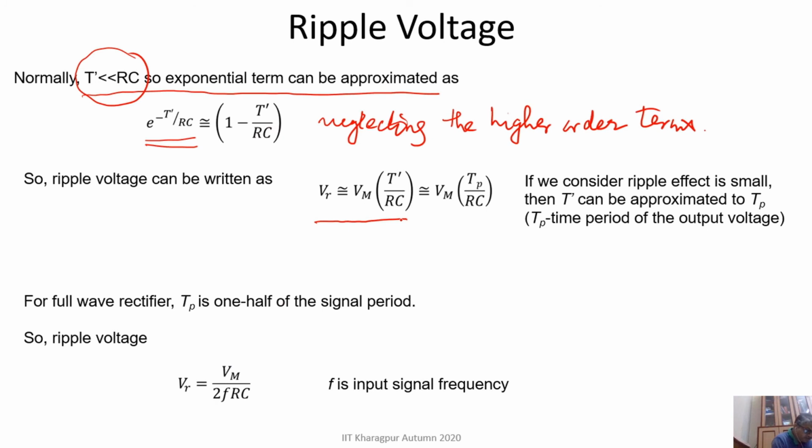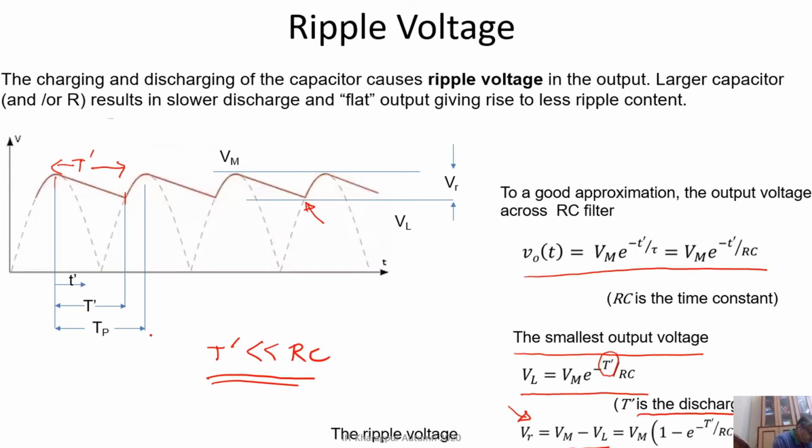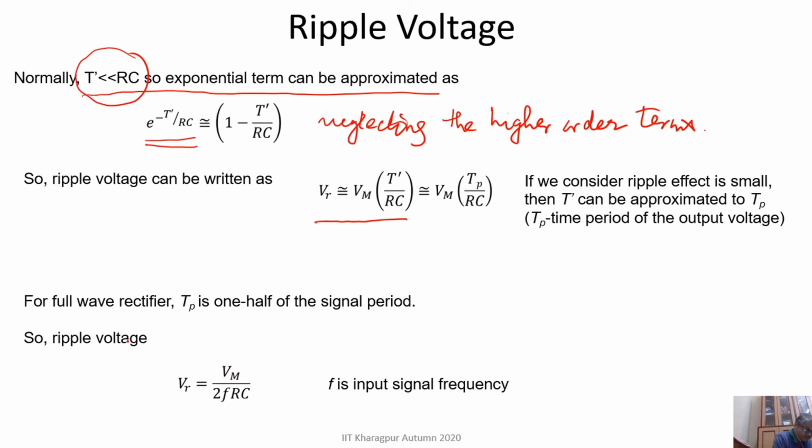this. Now this T dash will be nearly equal to TP. Why am I saying that? Because you see, let me draw this.